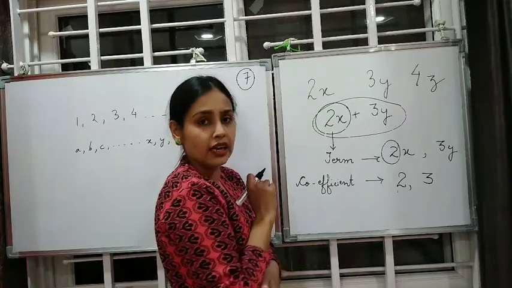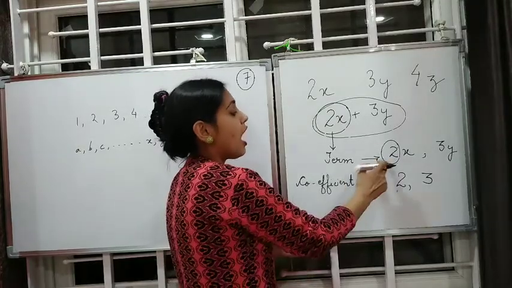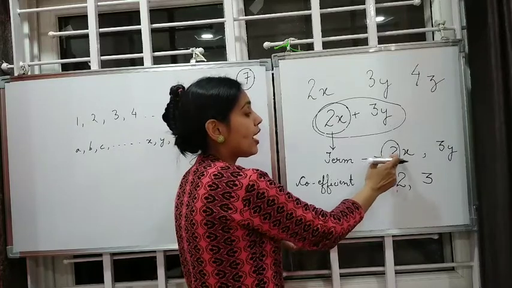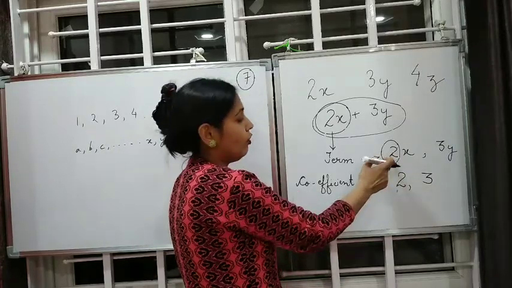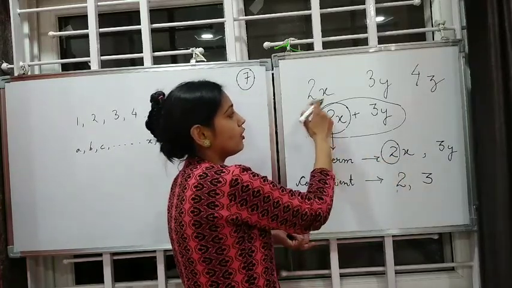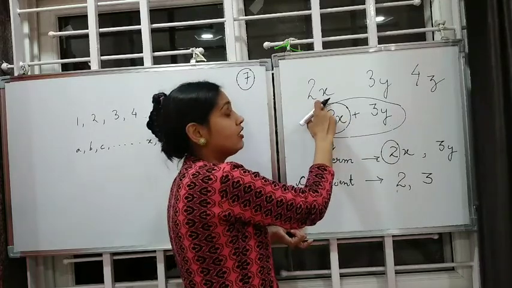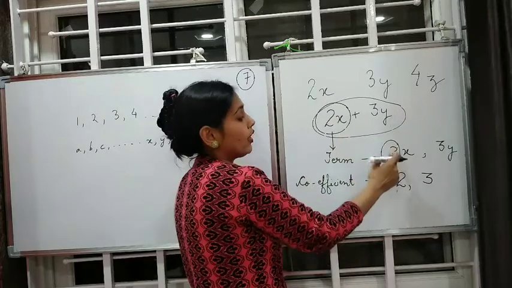Also, one more thing I would like to tell you about the terms. How is the term formed? A term is formed by multiplying, or the combination of, a number and a letter.